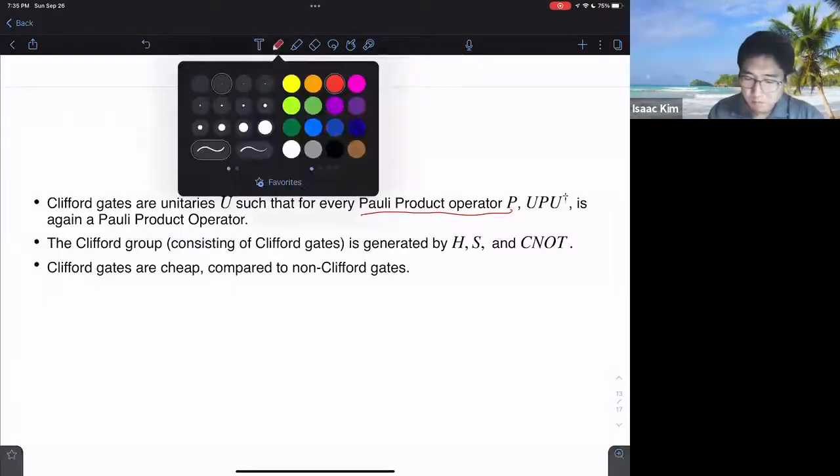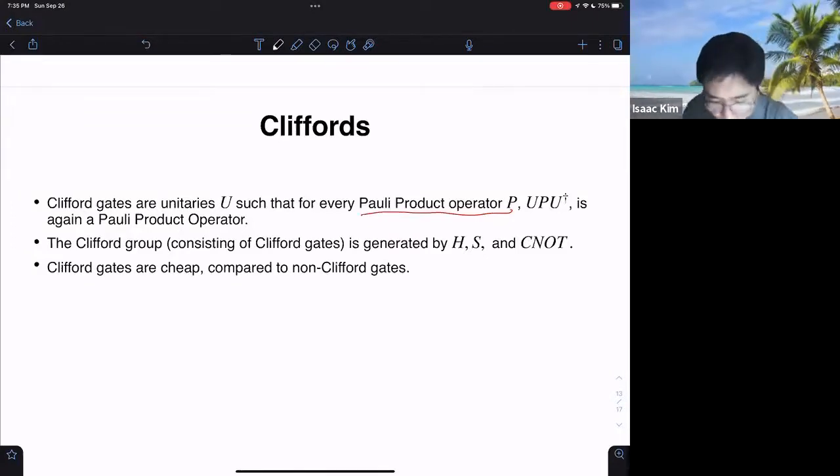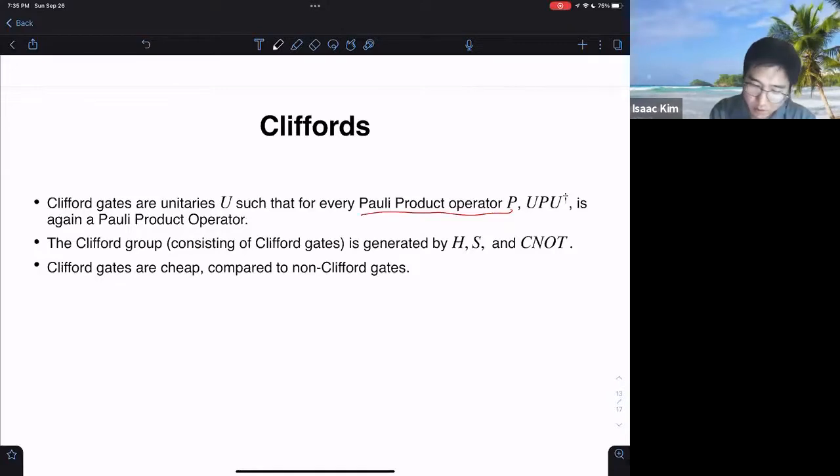It's a group of unitary operators which preserves the Pauli product operators up to a global phase. And what is known is that this Clifford group is actually generated by these three elements, H, S, and C naught.